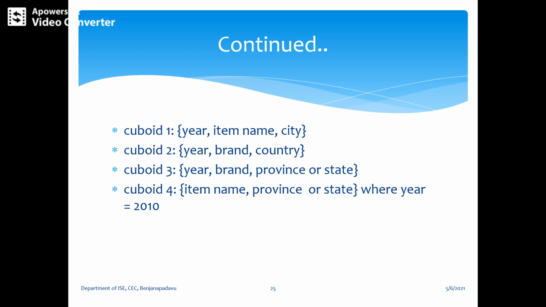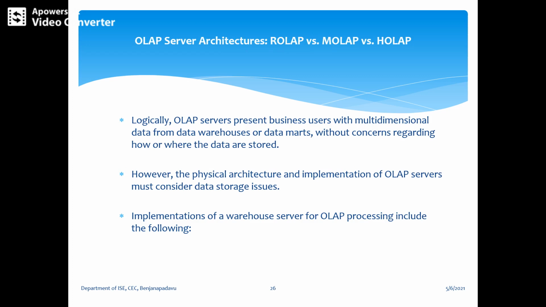Next we are going to discuss the OLAP server architecture comparison: ROLAP, that is relational OLAP servers, and MOLAP, multidimensional OLAP servers. The next one is the hybrid OLAP server, and one more is the specialized SQL servers.